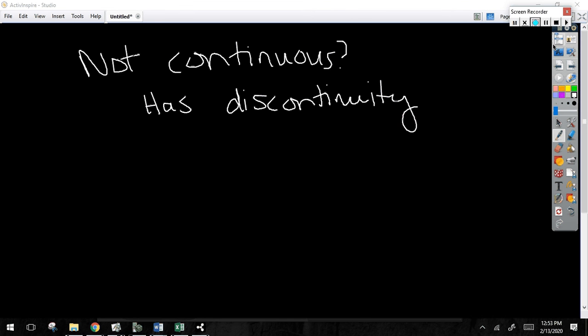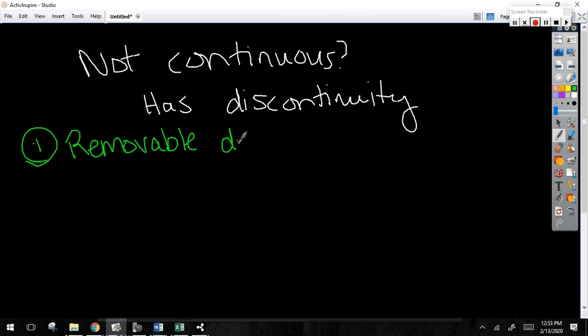The first type of discontinuity is what we're going to call a removable discontinuity. And you will see this when you graph it.